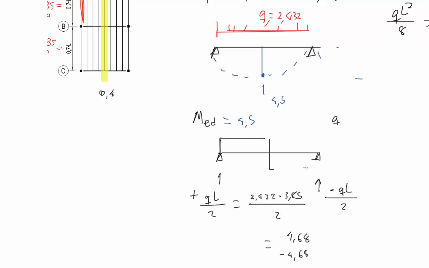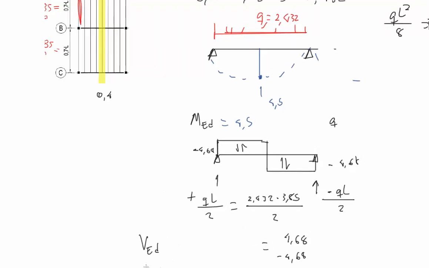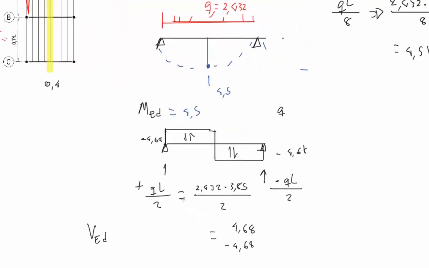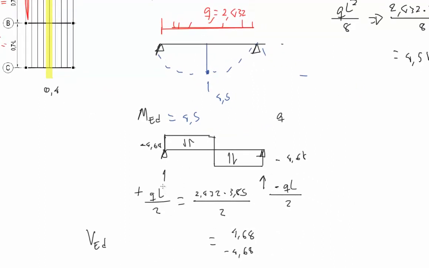Minus half of it, like this. Minus 4.68, plus 4.68. Now I assume the VED, the design value of shear, I don't know what the E stands for, but anyways, it doesn't really matter, right? So now we have the diagram for that.